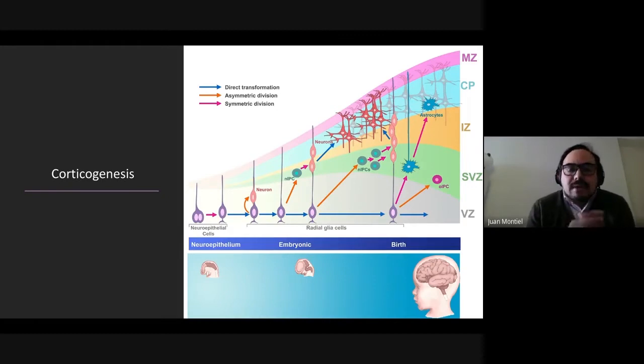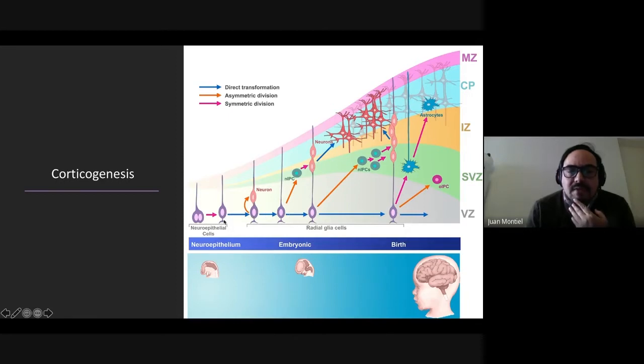So what is going to happen in these proliferative regions? Well, these progenitors, the neuroepithelial cells, are going to divide symmetrically to generate more progenitors.